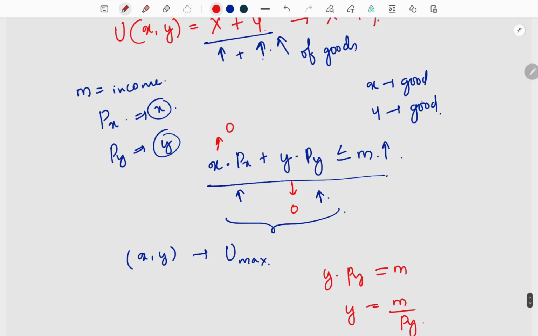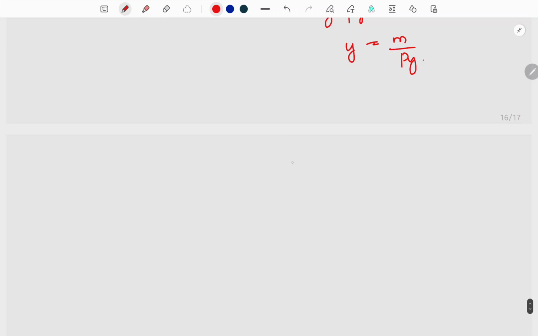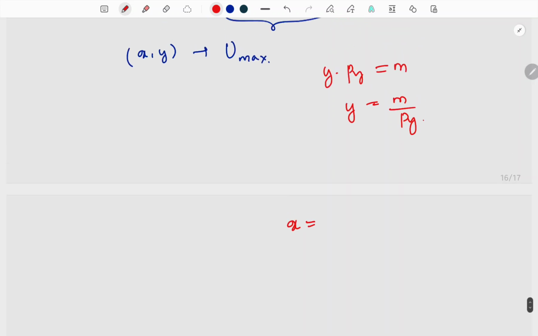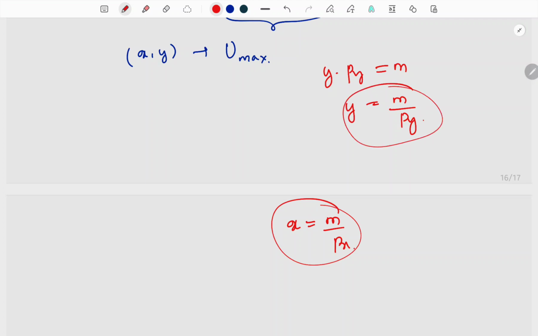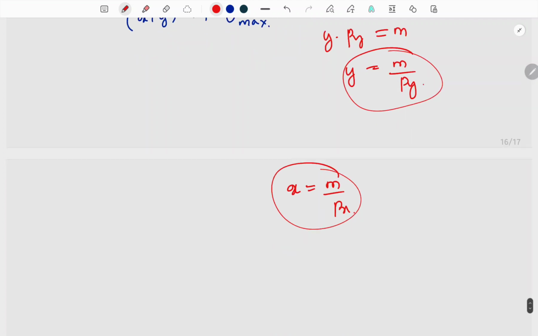When this is 0, x is equal to m by px. And the irony is, we got these two different equations from this budget constraint, by reducing one to nothing and the other being consumed at its best.